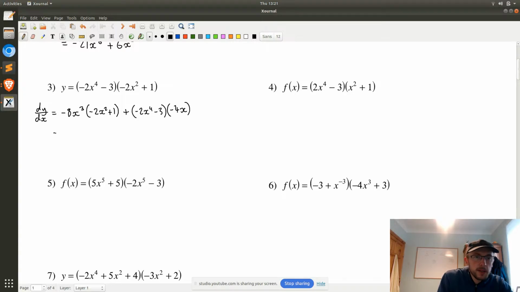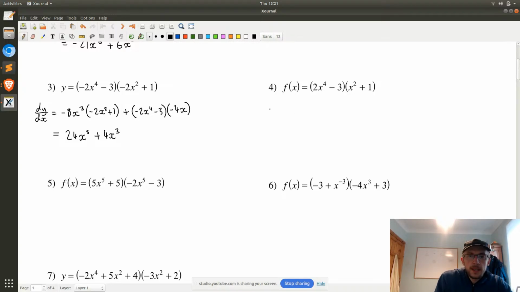And now bring them together. Fifth power there. So 16 and then 8. And so that creates 24x to the 5. That would be a cubic term and then another cubic term over there. So negative 8 plus 12. Well, that's 4.